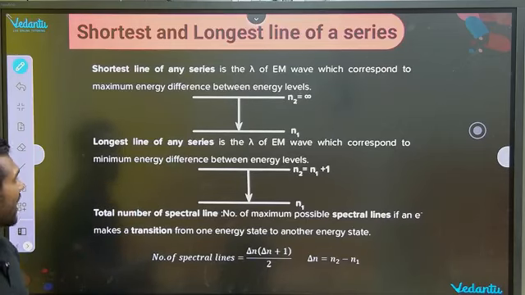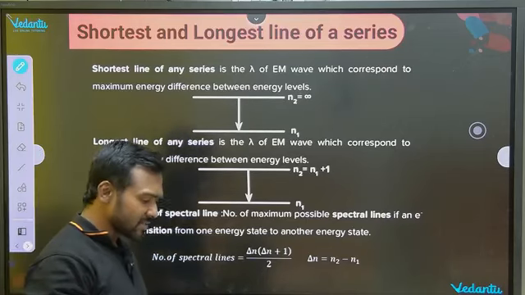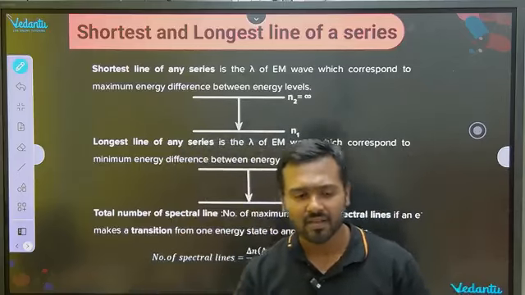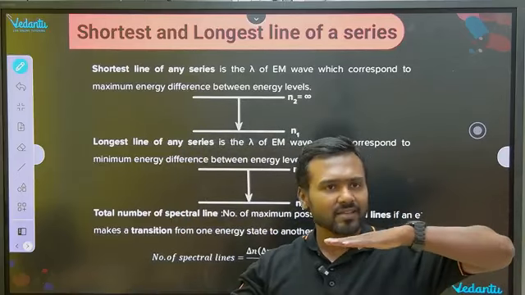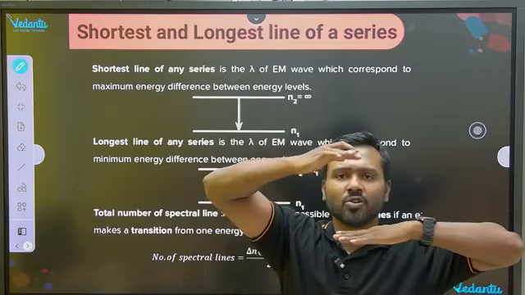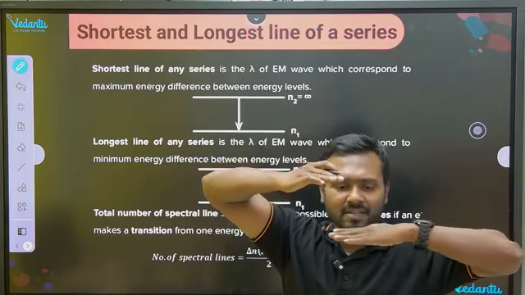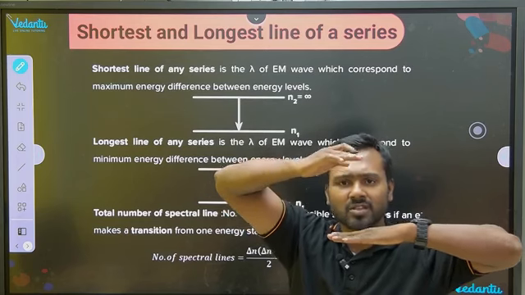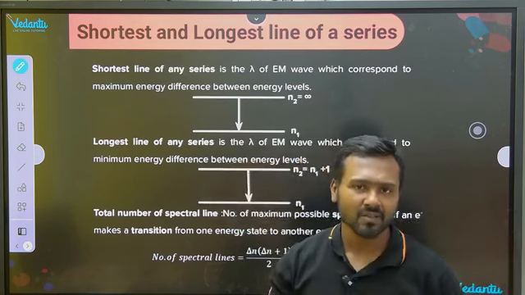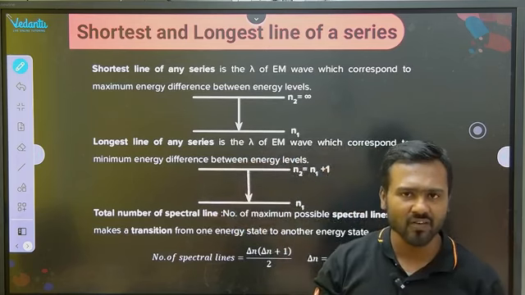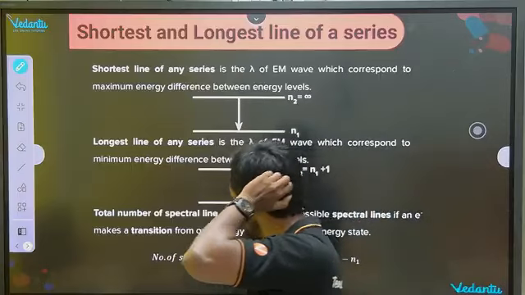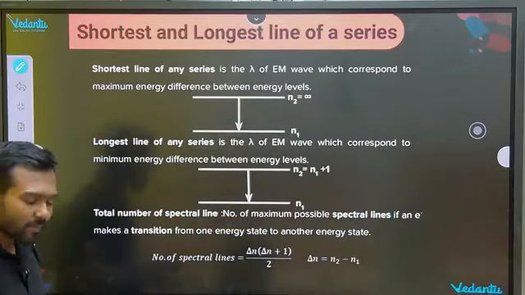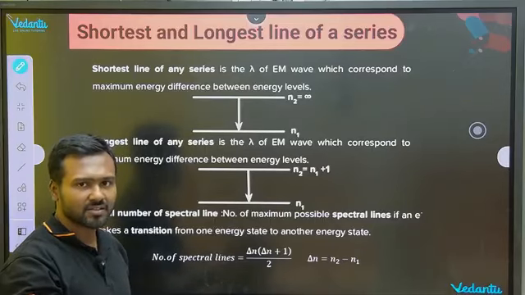The longest wavelength is the first line. For the Lyman series the first line is N1 equal to 1 and N2 equal to 2, so 1 to 2. For the Balmer series the first line is N1 equal to 2 and N2 equal to 3, so 2 to 3. The first line is also called the H alpha line, and it has the minimum energy or longest wavelength.